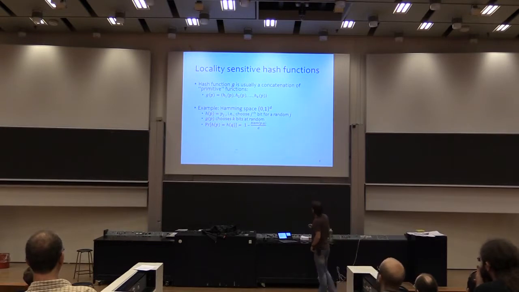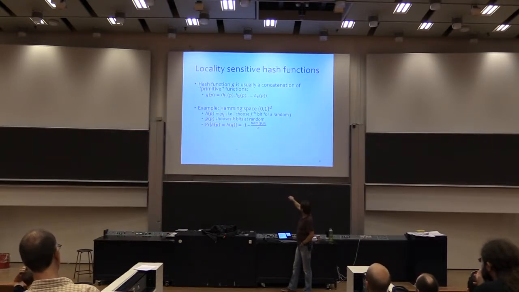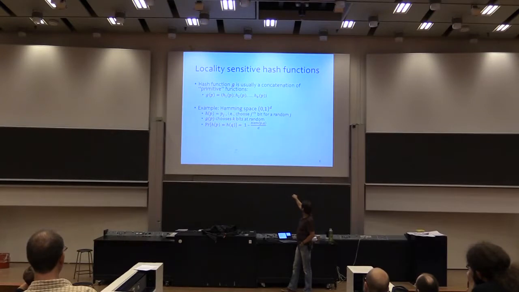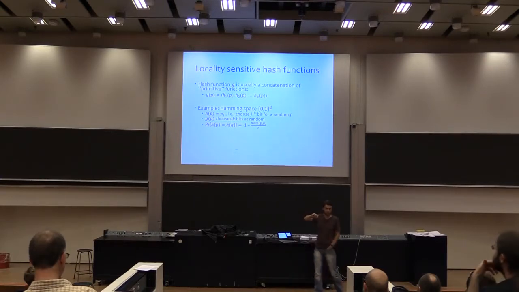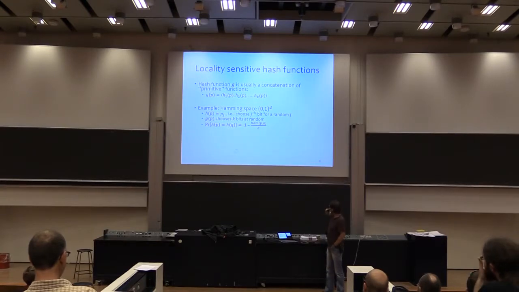First of all, under this hash function h, the probability of collision is something like 1 minus the Hamming distance between p and q divided by the dimension d. Simple: what is the probability that we choose exactly the coordinate where they're different? It's exactly the Hamming distance divided by the dimension.